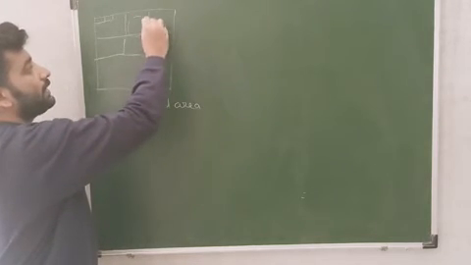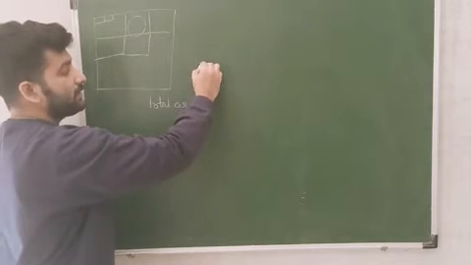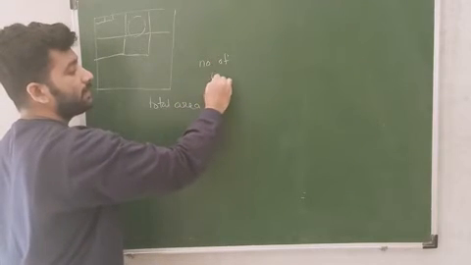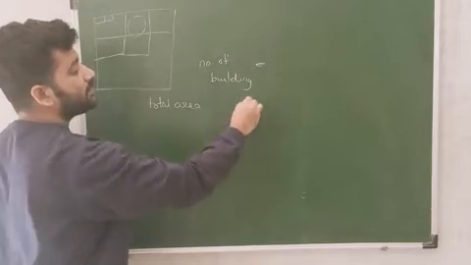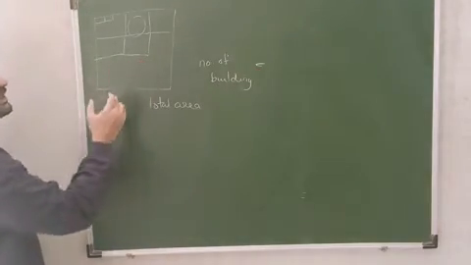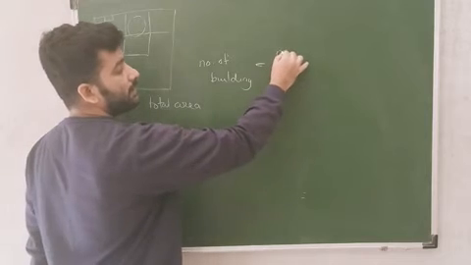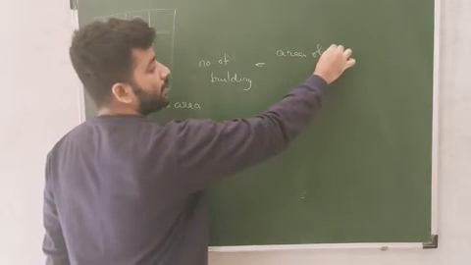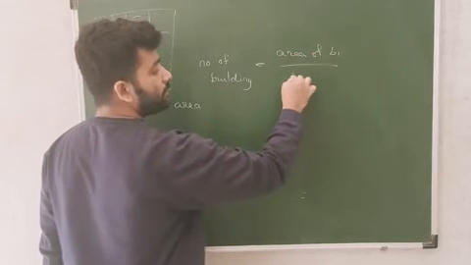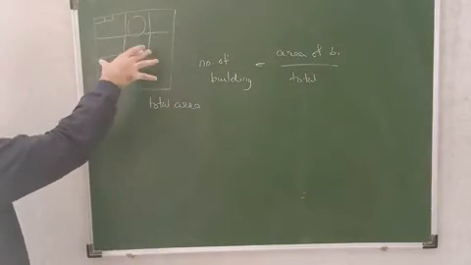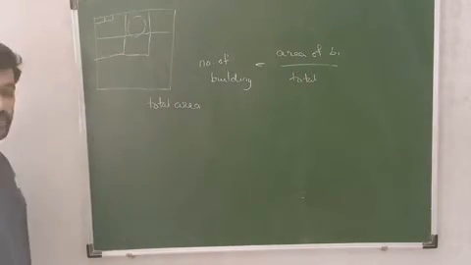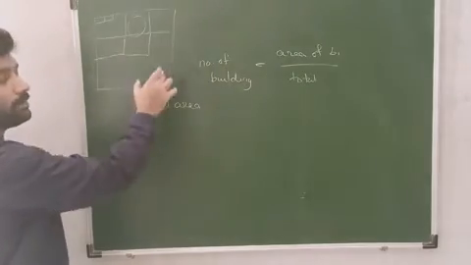This will be the total area. Area of a building will give us the number of buildings, right? So to find out the number of buildings which can fit in this area, what we will do? Total area divided by area of a building, that will give us the number of buildings which can be placed in this whole plot, okay.